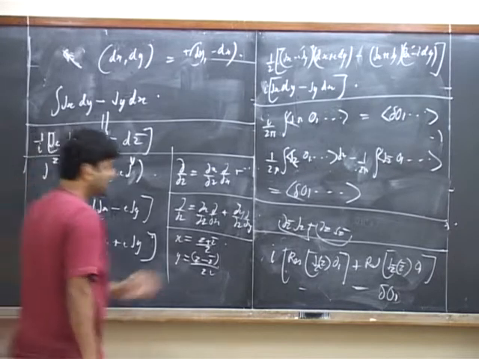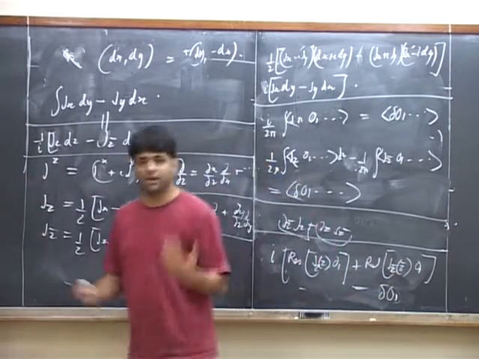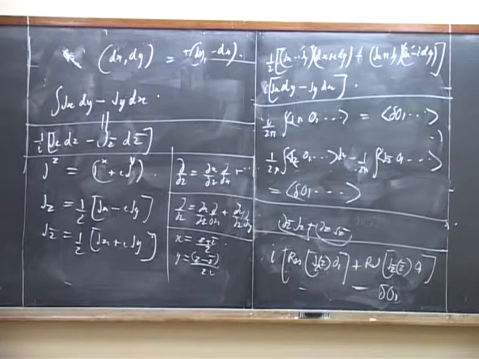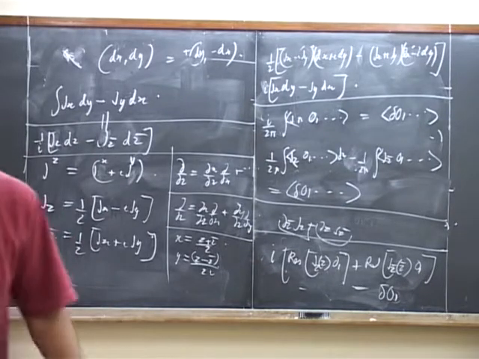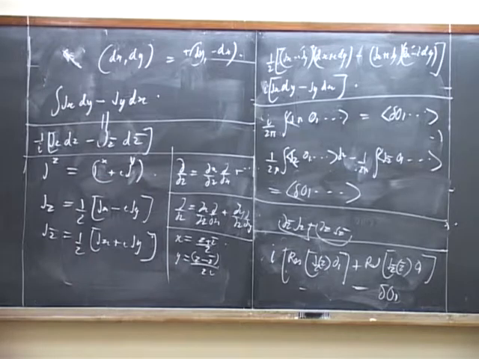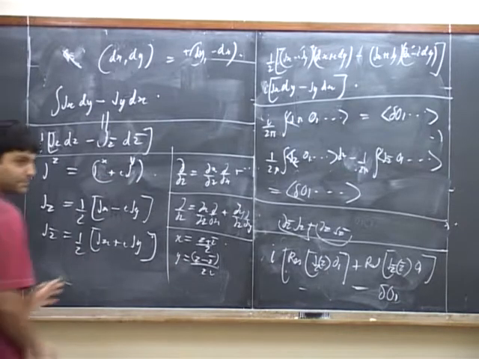Is this clear? So this is the conclusion that we reached very hurriedly last time. I've explained it more, taking more time this time. It's the same argument, just taking more time. Is this completely clear?